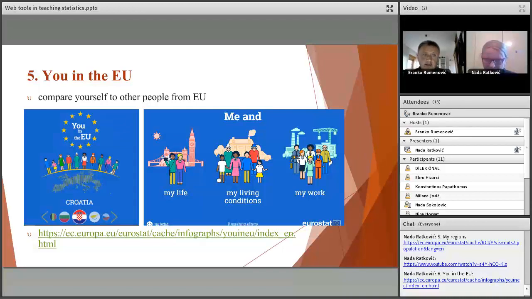My students really like this tool, and they enjoy playing with information in it. Students use this tool to work with data, and they write some articles about data from these tools.